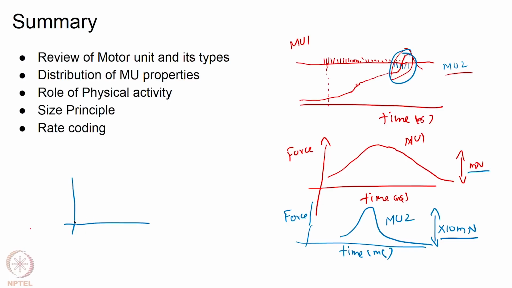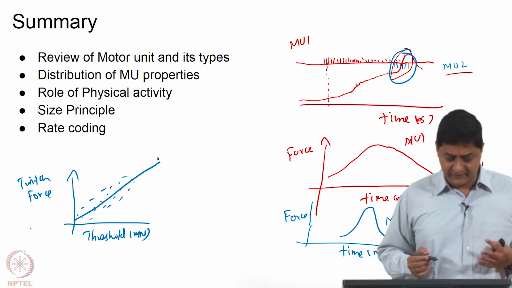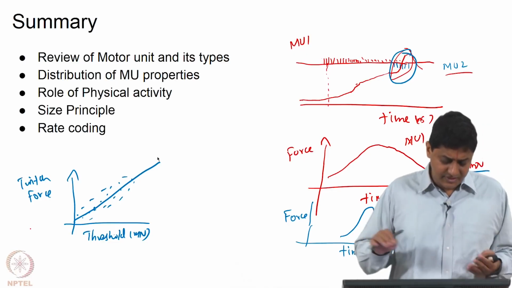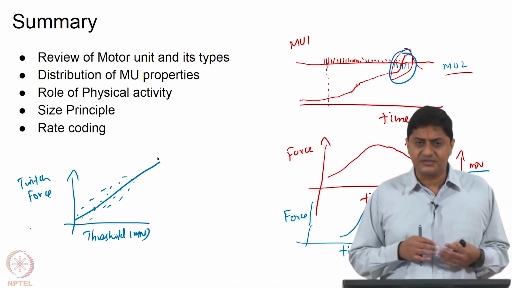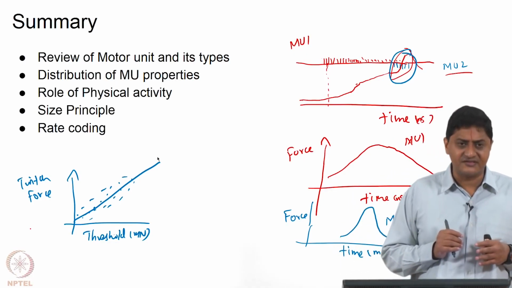What is also known is the following: suppose threshold is on the x axis and the twitch force produced is on the y axis. What you see is a relatively linear response. As the threshold increases, the twitch force produced also increases.